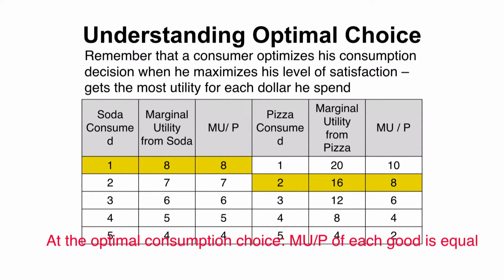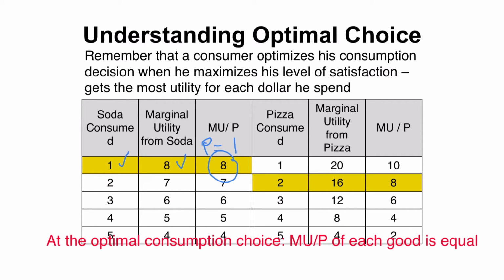So, what can we derive from this? This optimal consumption bundle, we can think about this with respect to the marginal utility for each dollar that we spend on the good. So let's take soda first. We consume 1 can of soda that gives us 8 units of utility. The price of soda is $1. So therefore, the marginal utility for each dollar that we spend on soda is 8.